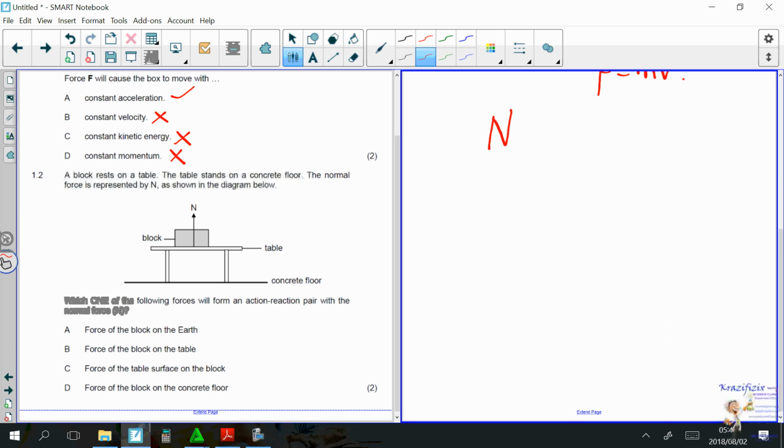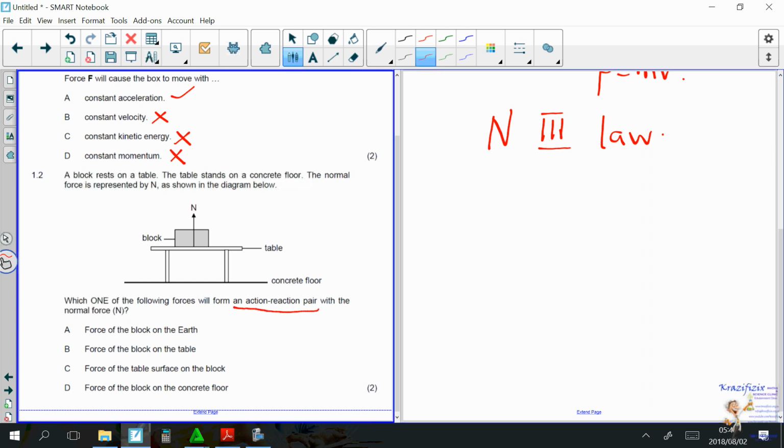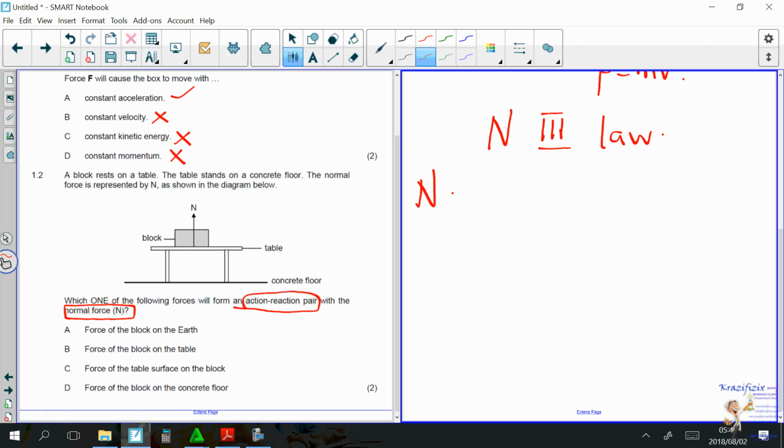So we're using Newton's third law. Now, which one of the following will form an action-reaction pair with the normal force? What is the normal force? In this case, the normal force is the force exerted by the table on the block.